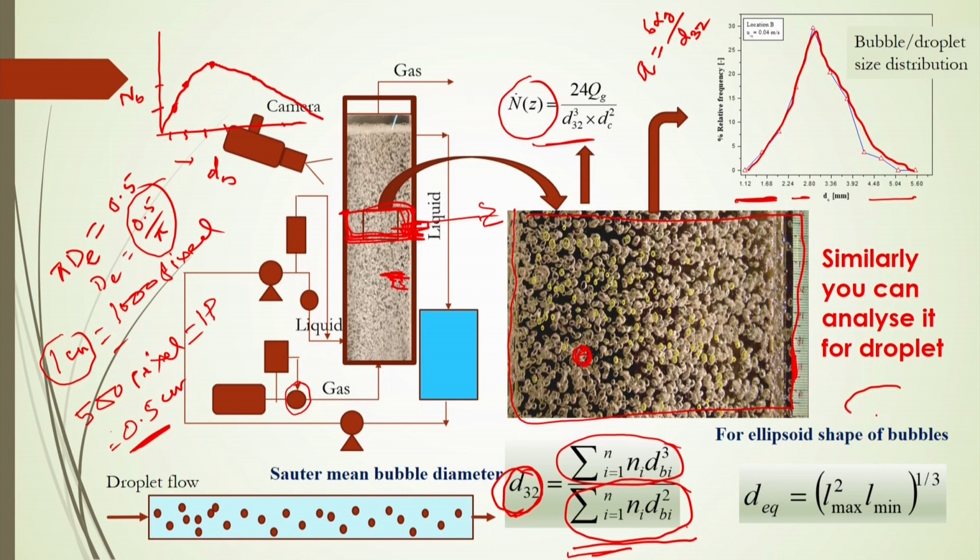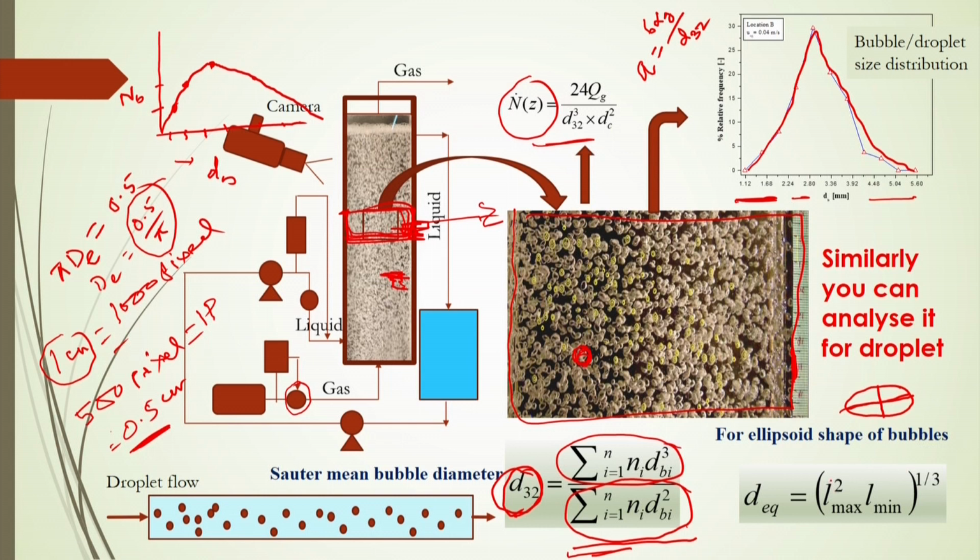Now, one important point to remember here: since the bubbles are not all spherical in shape, we are just considering the equivalent volume of a sphere and calculating the equivalent bubble diameter. But in another way also you can calculate the equivalent diameter of individual bubbles. Suppose you get ellipsoidal bubbles; then you just measure the major axis and the minor axis.